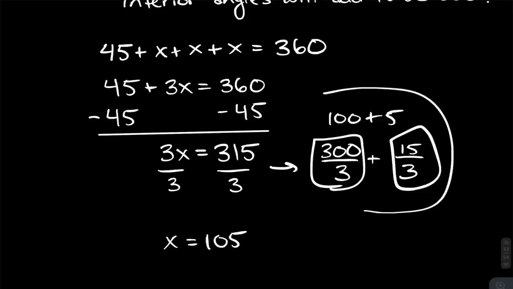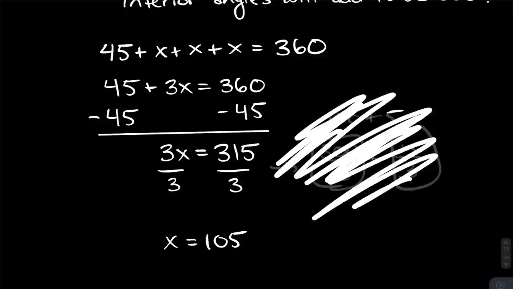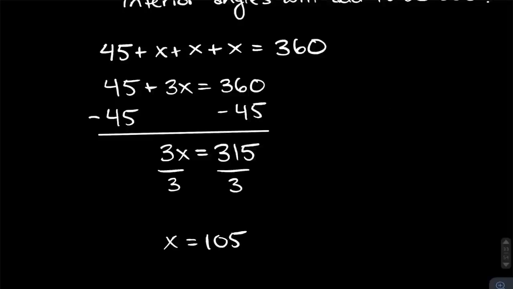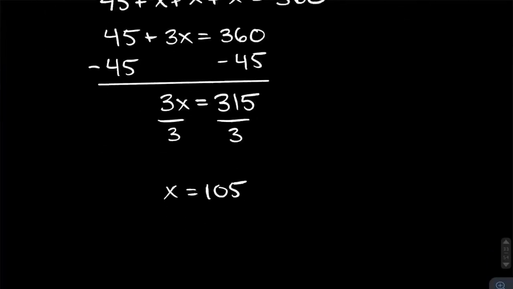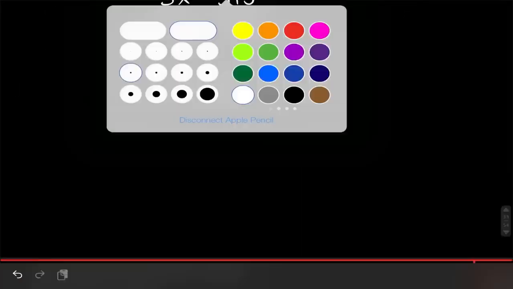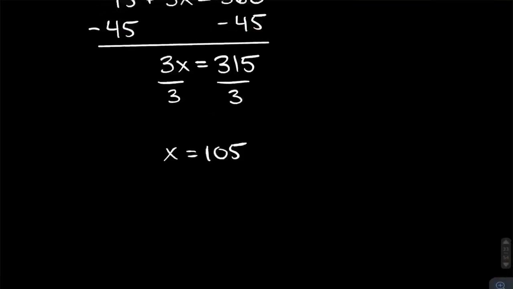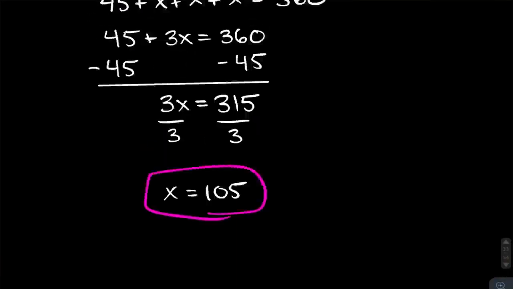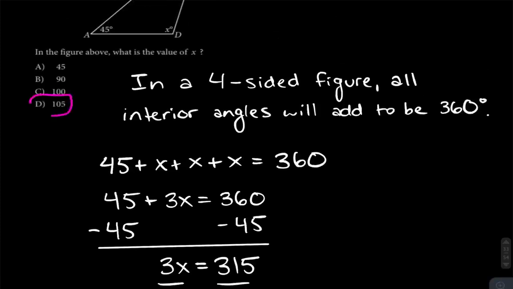And once you start doing mental math like this a lot more, this is going to become a lot more natural to you, and you won't have to write it out, right? But again, if you use a calculator on this, it's not a big deal. It's fine, right? There's no harm in that at all, especially since now we're in the calculator problems. So that is going to be our answer here, 105, and that is choice D.